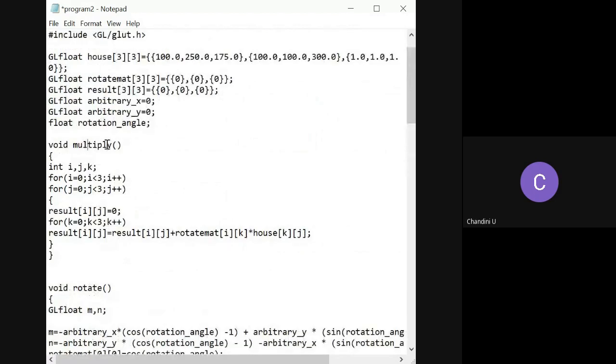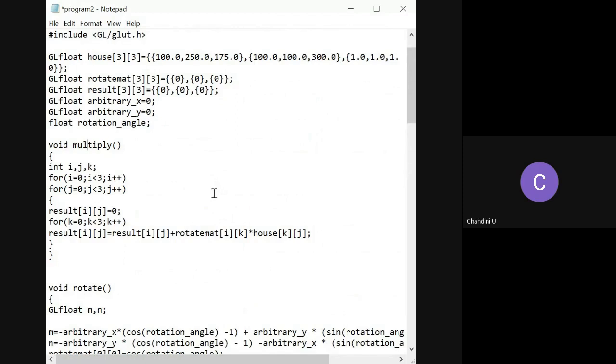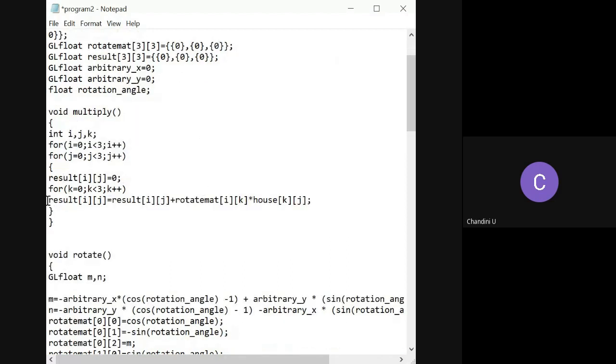So here it is. As you know, there are multiple rows and columns to be multiplied. It is a matrix multiplication. You will have two for loops here. You know that the result matrix we have already initialized to all zeros. So it is the normal matrix multiplication equation, right?